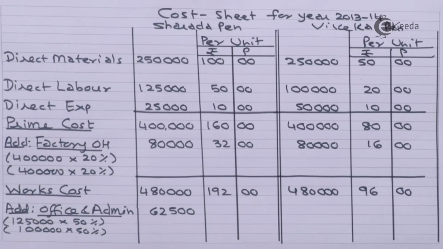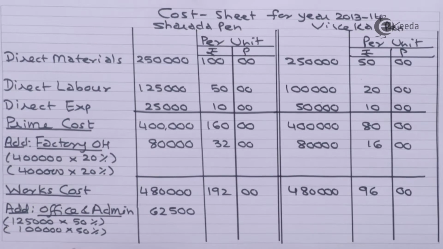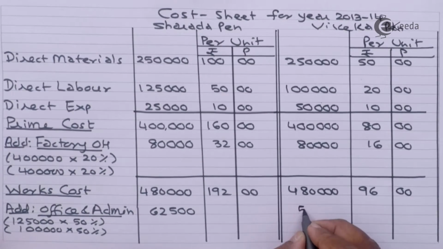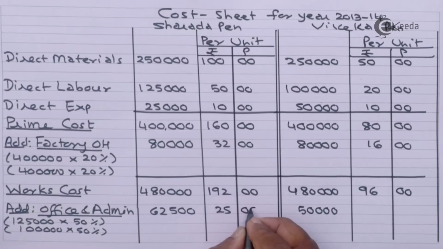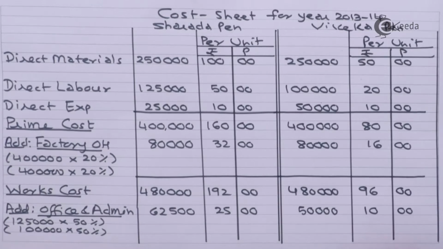In case of Viveka pen, it is 1 lakh. 50% of it, 50,000. So we got per unit office overheads in case of Sharda pen rupees 25 and in case of Viveka pen rupees 10.